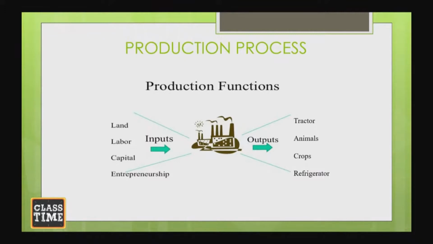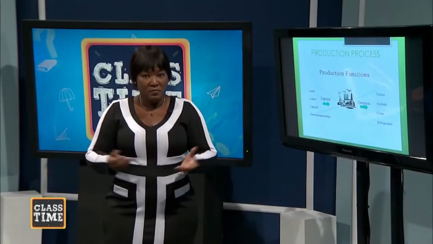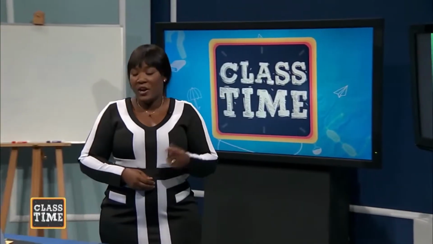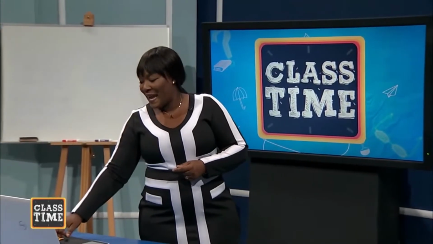Great. Examples of outputs are a tractor, crops, a refrigerator, a computer. Those are all different types of goods and services that are the end result of putting in your business. Now, the factors of production, let's highlight them.